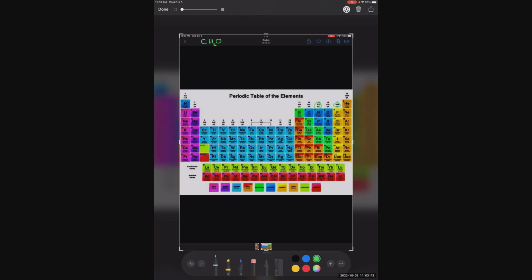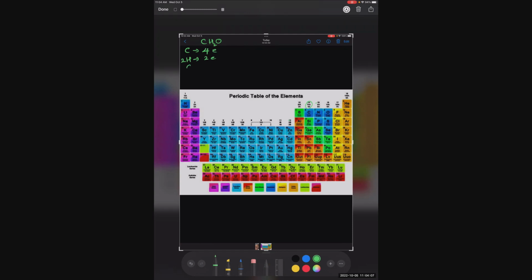Okay, so we have carbon. Carbon is over here in the periodic table in the fourth group. That means 4 electrons. And then we have 2 hydrogens. Hydrogen is in the first group, meaning 1 electron. We have 2 of them. Therefore, 2 electrons from 2 hydrogens.